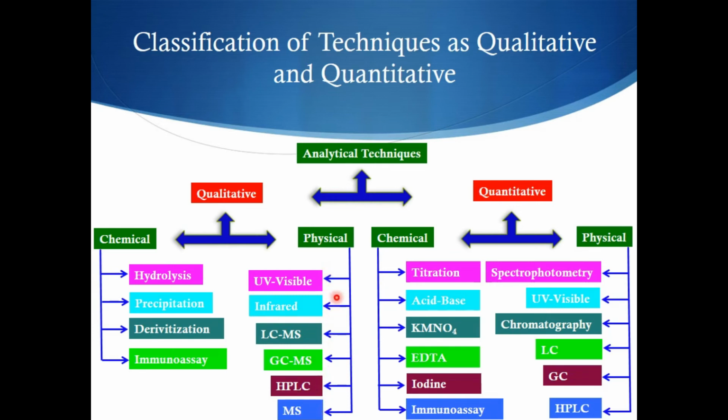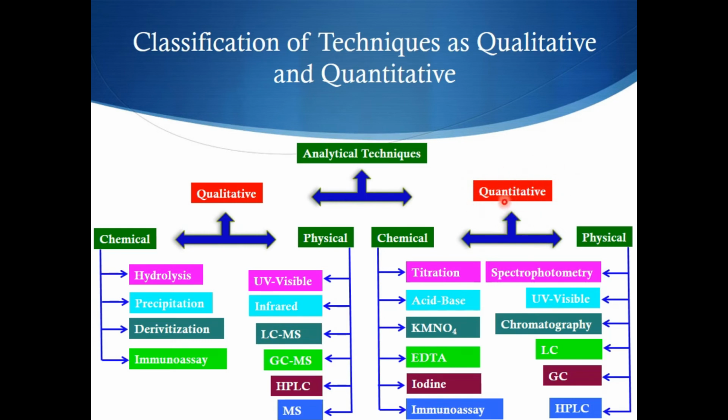All these are physical methods in which we use specific instrumentation for the identification of components of the mixture. Then we will move towards the more complex quantitative analysis if we need it.